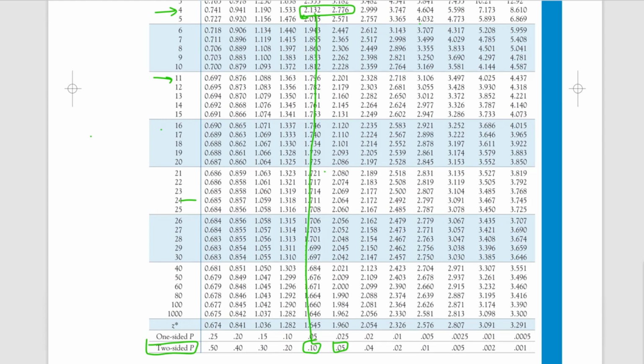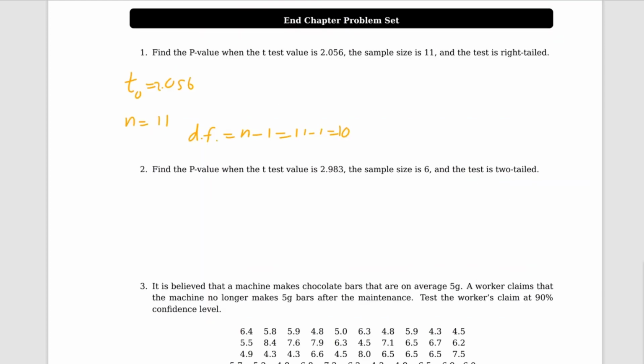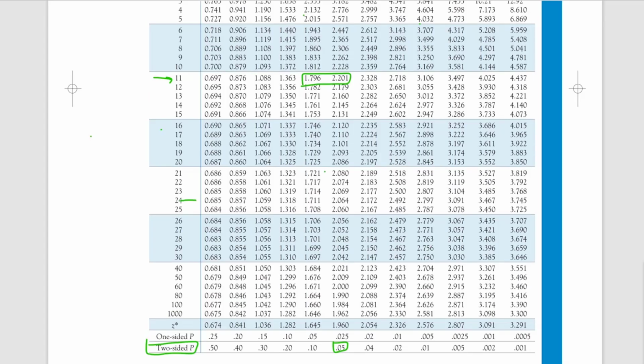Can you find the 2.056? No, right? We don't see that. 2.056 should be in between these two. Yes or no? Yes. But it's a p-value when the t value is given and the test is right tail. It doesn't matter right or left tail, but one-sided, right?